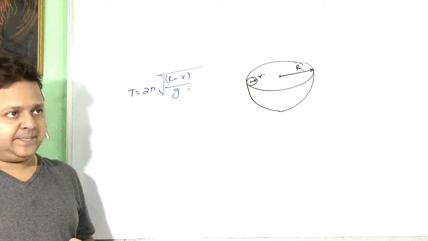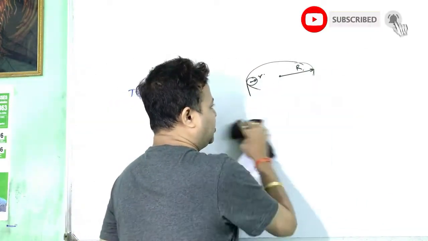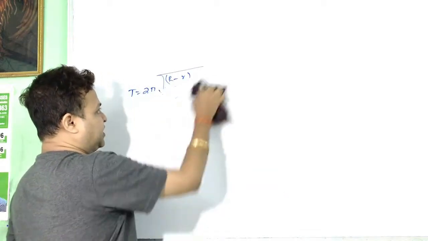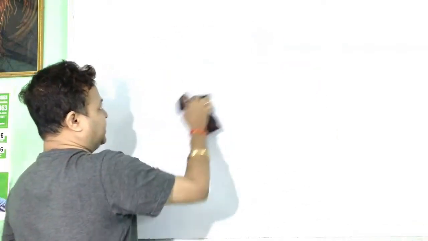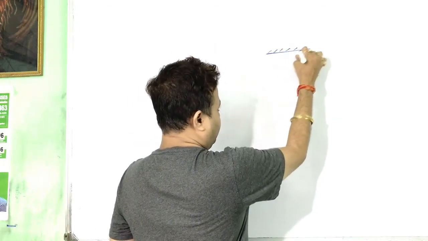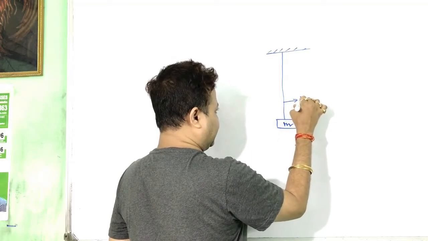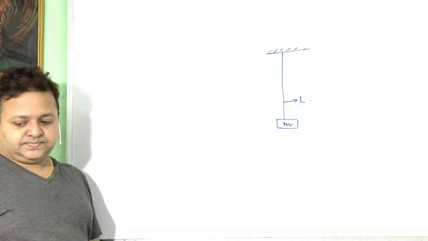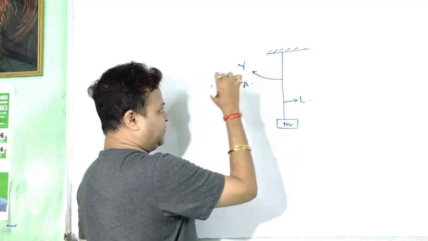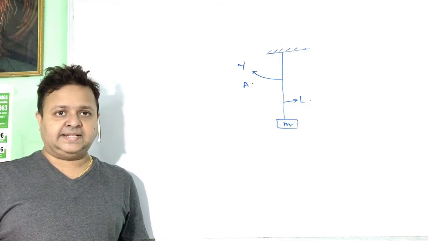Next, a block of mass small m is hanging from the ceiling with the help of a string of length capital L. Y is the Young's modulus of the string, and capital A is the area of cross section.